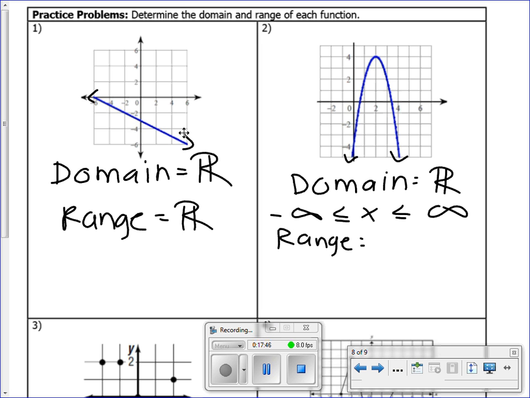Instead of how low does this graph go, we ask ourselves, how high does this graph go? This graph goes all the way up to 4. Do we want values more than 4 or less than 4 to represent our graph? We want them less than, so we want to say less than or equal to 4. So that's our range.